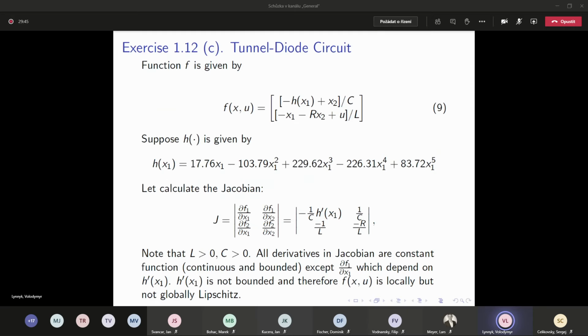And the next example is the tunnel diode circuit.